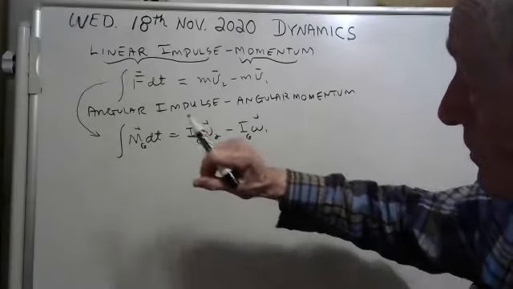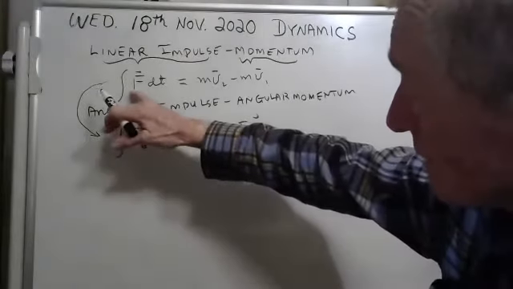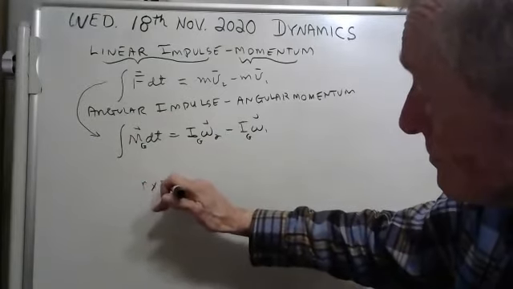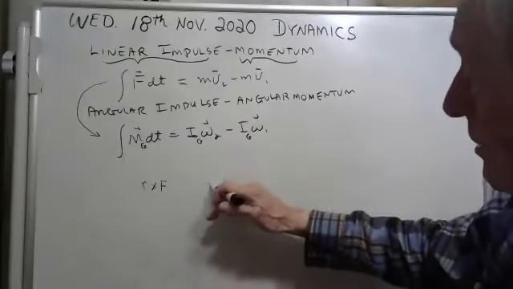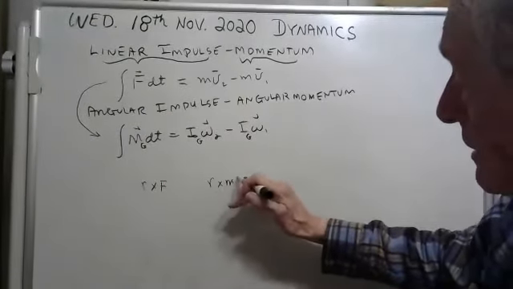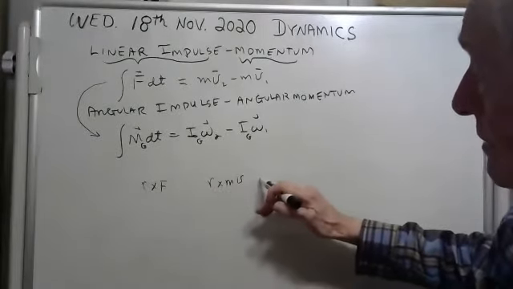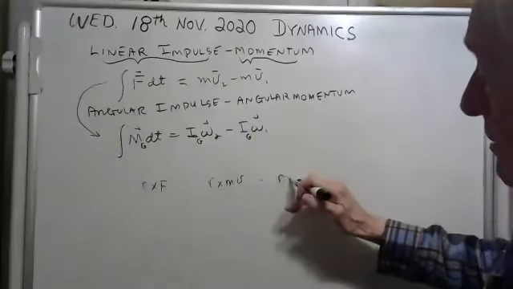Here you go, R cross F. And over here you go R cross MV minus an R cross MV.